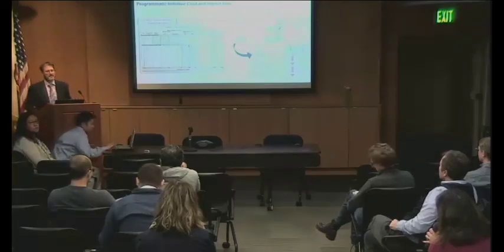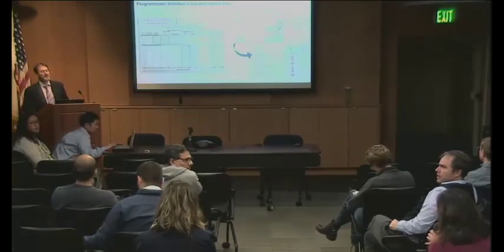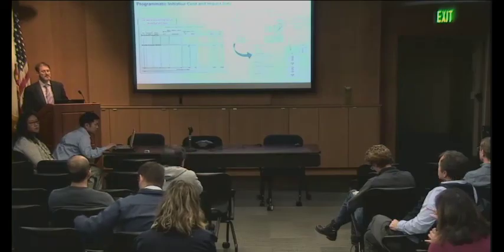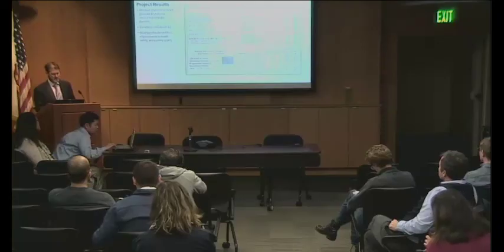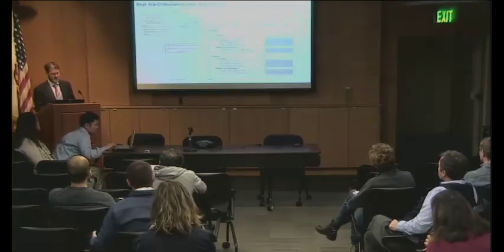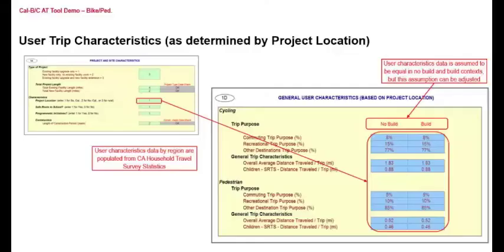I have a quick question about your users for the demand. Could you go back one slide? It was the section where, yes, your user characteristics. I can't see very well from here, but can you go back through your discussion where you said I think your no build is the same as your build?